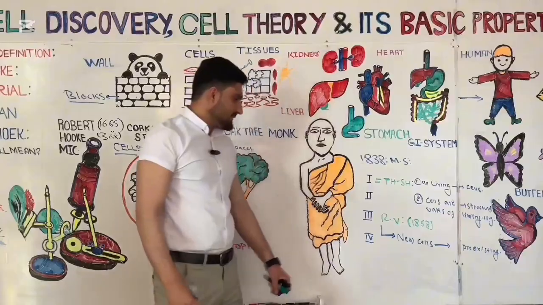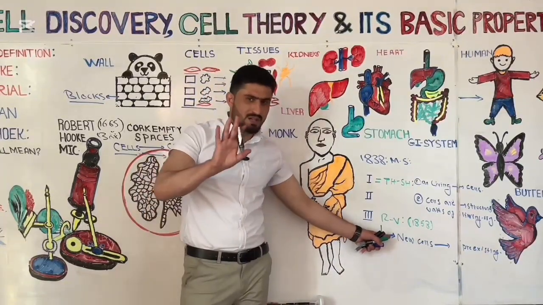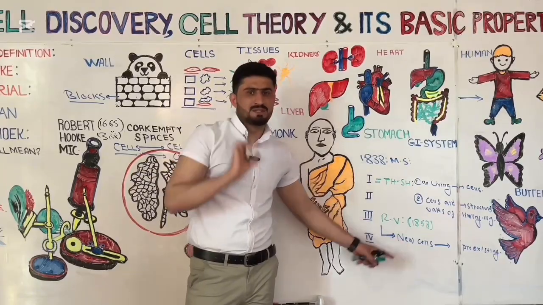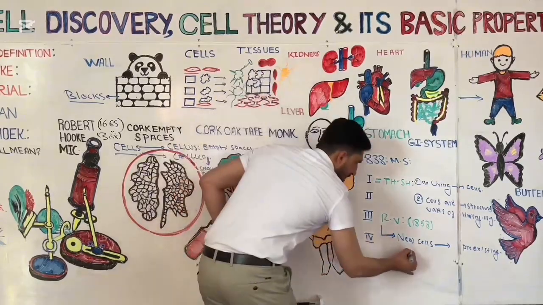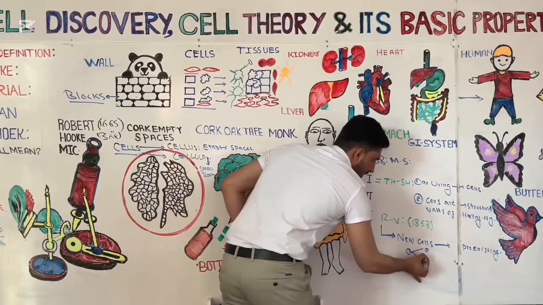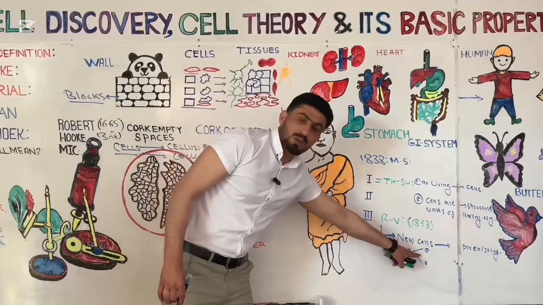Got it? It means that if we don't have pre-existing cells, we can't make a new cell. Okay, a cell will come, it will divide into two daughter cells, and new cells will be generated.